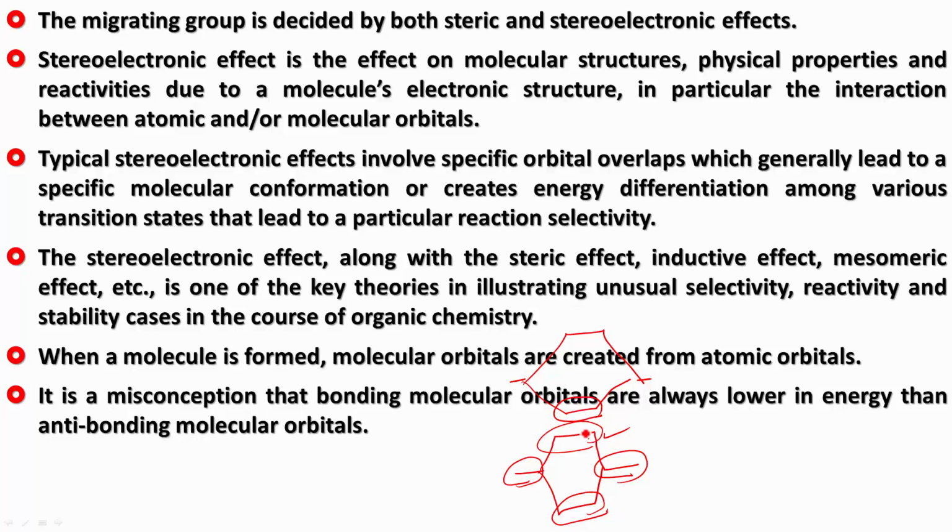It is only when they are formed from the same set of atomic orbitals that bonding is lower and antibonding is higher. And what would happen if the energy of the atomic orbitals is also not the same? If they are different atoms, then you're going to have a high level of complication. So anything is possible in this case.